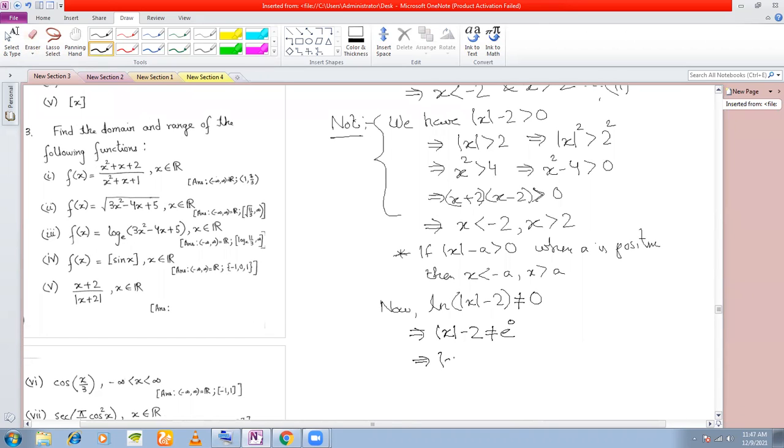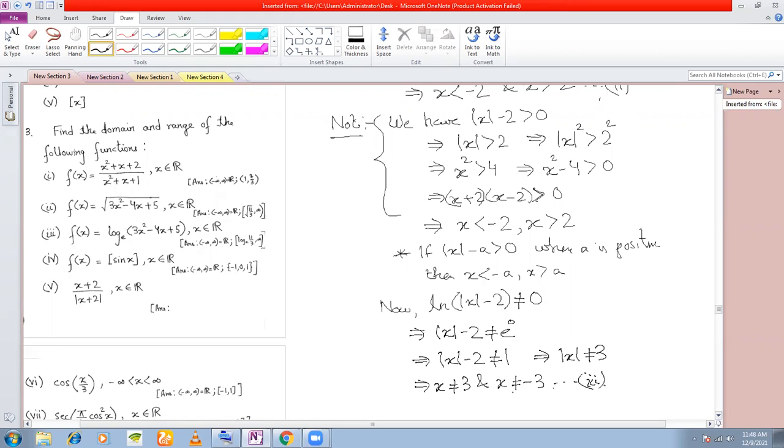That means mod x minus 2 is not equal to 1. That means mod x is not equal to 3. If mod x is not equal to 3, that means x cannot be equal to +3 and x cannot be equal to -3. Both, right? So this is the third restriction that we are getting here.